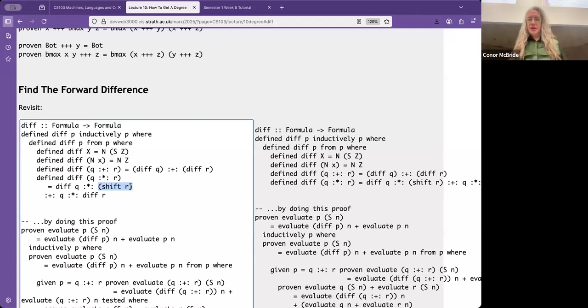So that's the story of this particular difference operator. But the real point of this lecture is to investigate the notion of degree. A degree of a formula is a kind of measure of how weird it is.